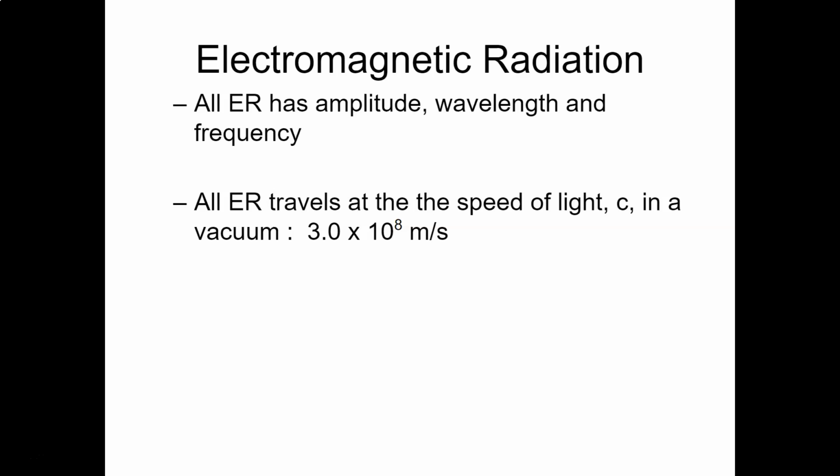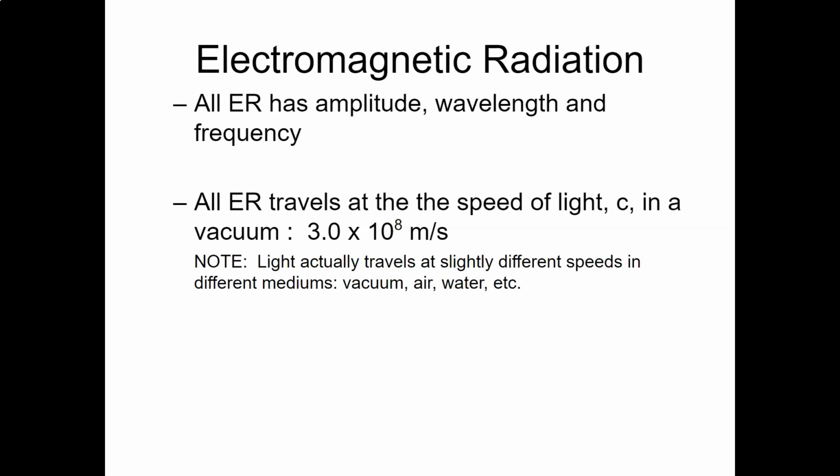That's a constant that you're going to use in this unit. But keep in mind that that is the speed of light in a vacuum. Light's going to travel a little bit more slowly if you have it passing through air or water or something like that. It's actually not going to be too noticeable to us, however, that it's not traveling at 3 times 10 to the 8 meters per second.